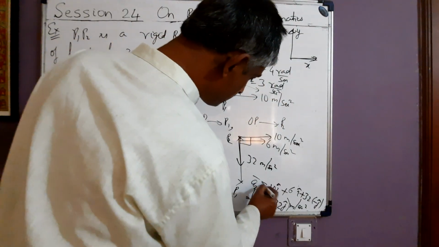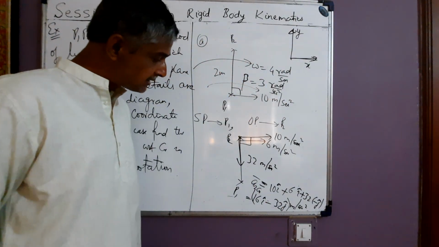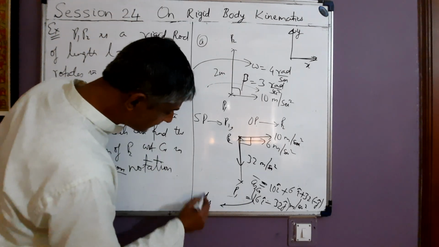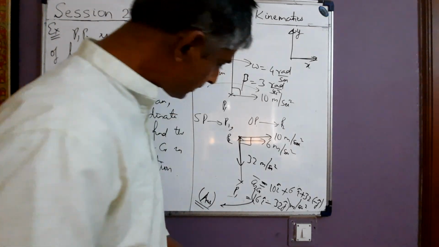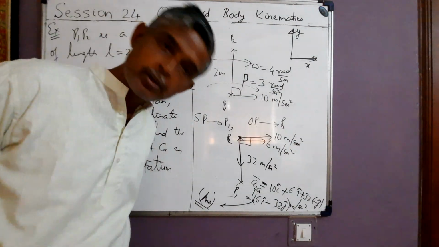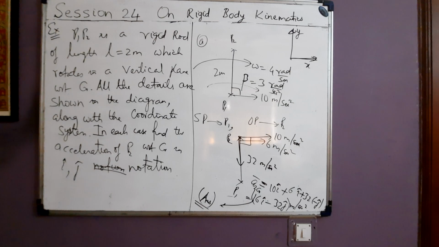So A2G becomes 16 i hat minus 32 j hat meter per second square. This is therefore the required answer. Alright, fine. So I'll rub this now.